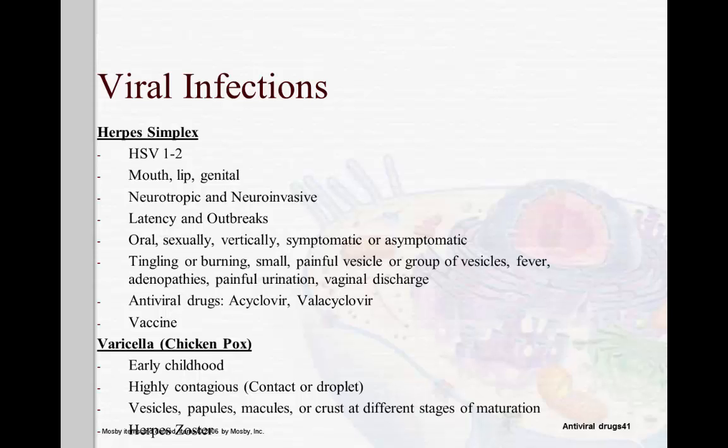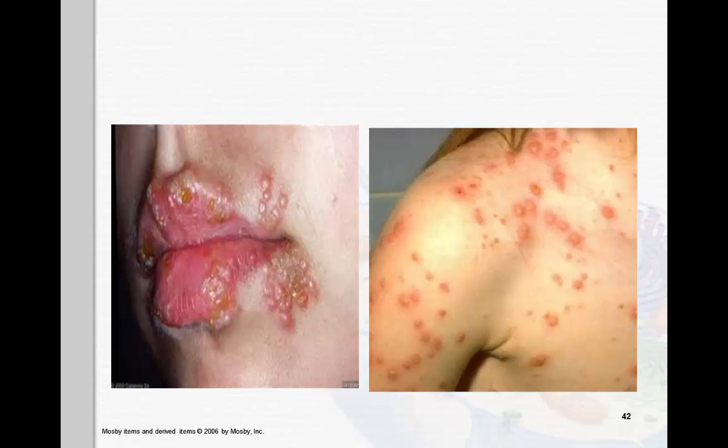In immunocompetent children, chickenpox complications are rare. The initial rash is a macular eruption that tends to coalesce, but basically it's vesicles that rupture and form a crust.